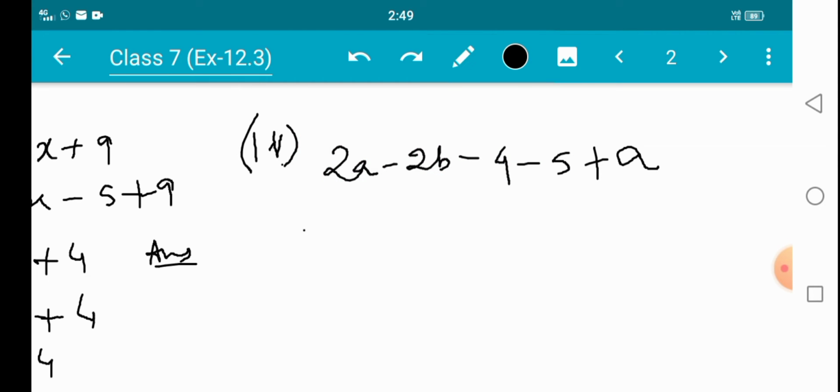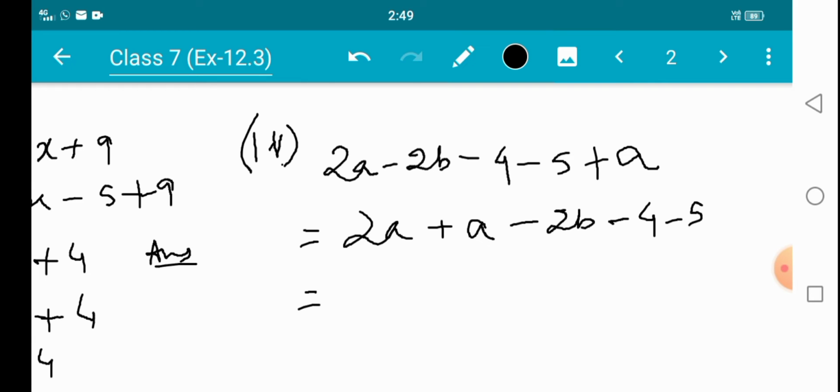First of all, you have to simplify according to like terms: 2a plus a, then minus 2b, minus 4, minus 5. Now 4 and 5 are constant terms. You can add them because they both have the same sign. 2a plus a will be 3a, minus 2b, minus 9.